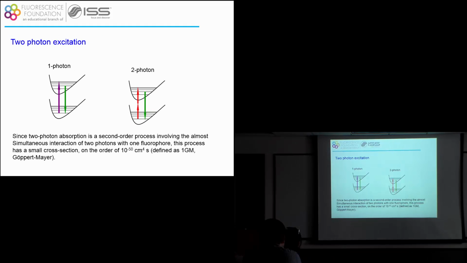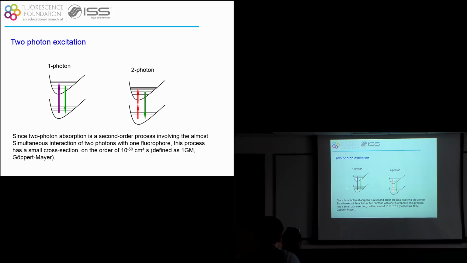Let's go back to the 2-photon. Yesterday, we introduced the Jablonski-Perrin diagram, showing the ground state of molecules and the first excited state of molecules. And we said the fluorescence is caused by the absorption of 1 photon in the excited states, and then the re-emission of the photon from the lower state of the first excited states down.